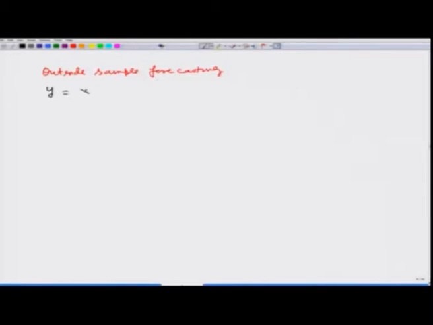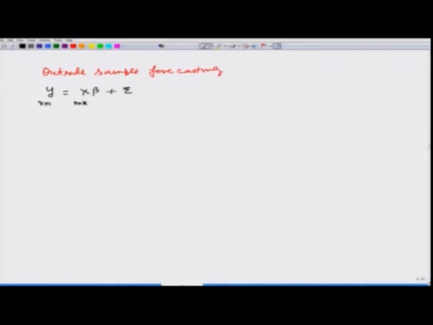We will consider the multiple linear regression model where we assume that we have n observations on the response variable y in the form of an n cross 1 vector y, and k explanatory variables, with n observations on each of the k explanatory variables x1, x2, ..., xk, clubbed in the matrix X of order n by k.